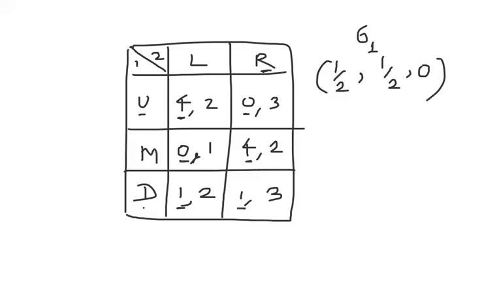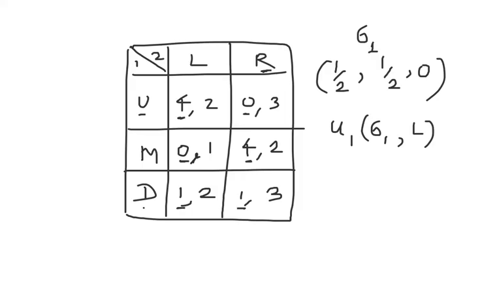So now what happens is the expected payoff of player 1 with this mixed strategy sigma 1, given the rival, player 2, is playing L, let's say. What would player 1 get here?